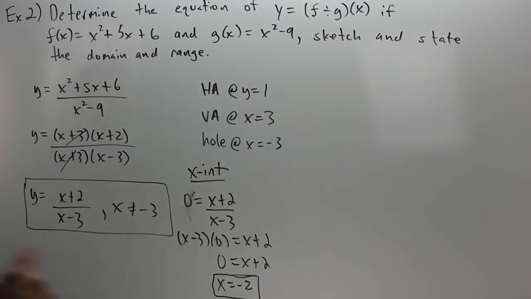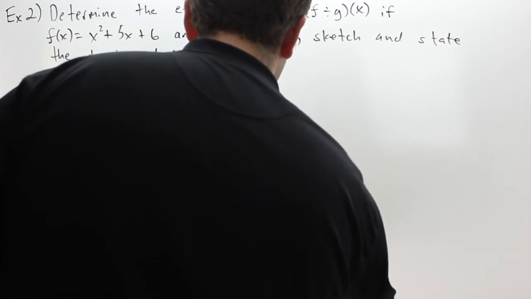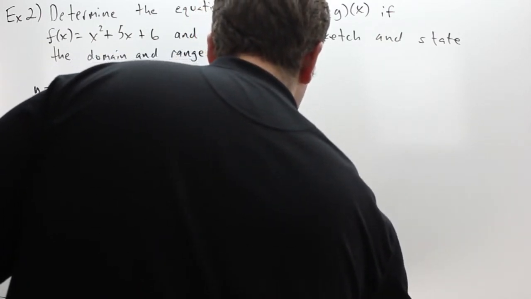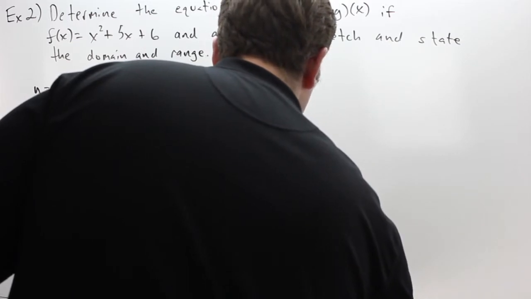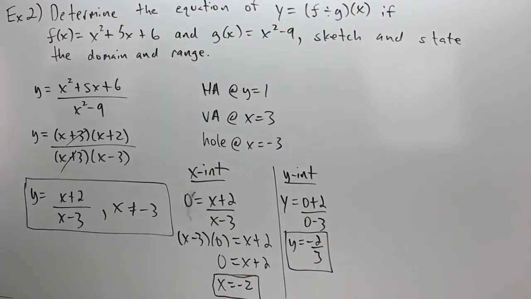And then the y-intercept here would be when x equals 0, so y equals 0 plus 2 over 0 minus 3, so it equals negative 2 over 3. Like so.